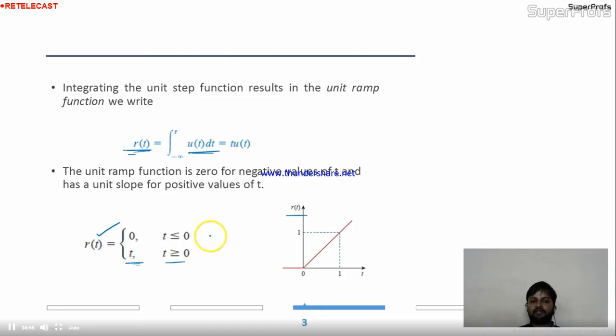This is nothing but the unit ramp function. The unit ramp function is 0 for all negative values of t and has a unit slope for positive values of t. See, this is the slope over here, maintained everywhere, right? So we have seen the unit step, impulse, and now we have seen the ramp function. Now come to the next.